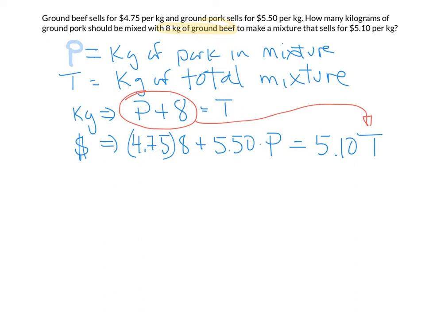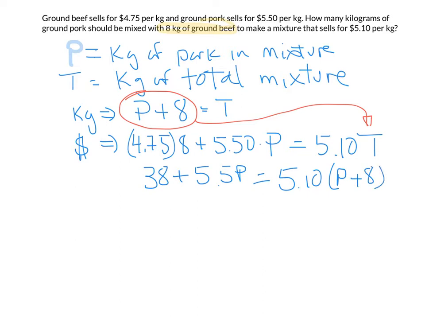So let's multiply some of this stuff out, and 4.75 times 8 is 38. So the total value of all the ground beef is $38 plus 5.5p equals 5.10 times p plus 8.